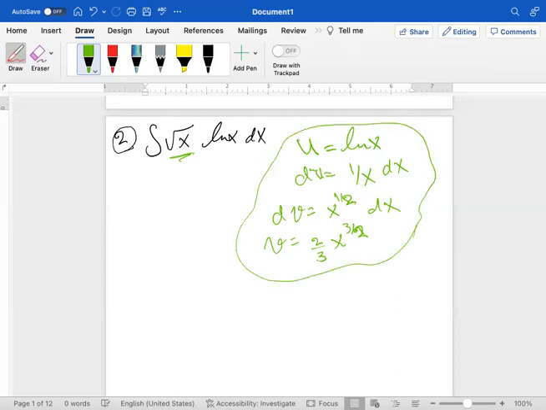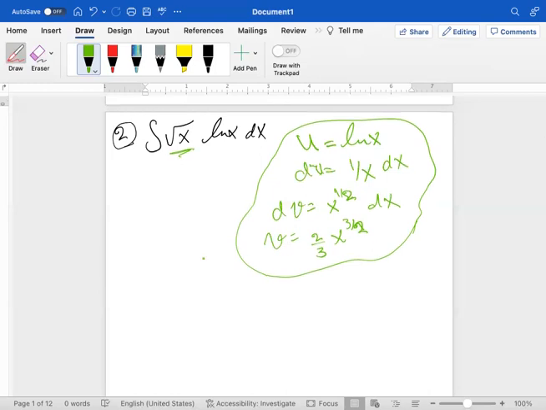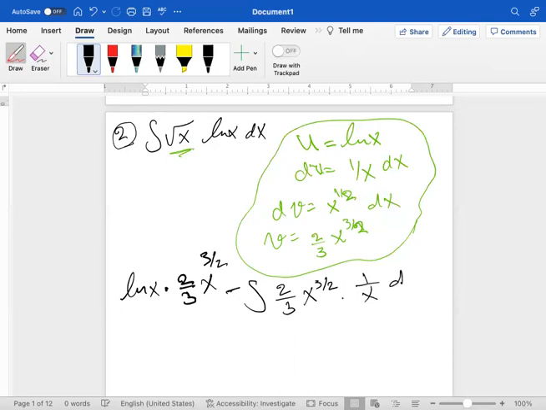Okay, so I have now u, du, dv, and v, and then I'll plug into the formula, and let's see what happens. So natural log of x, this is u times v, minus integral of v du, 1 over x dx.